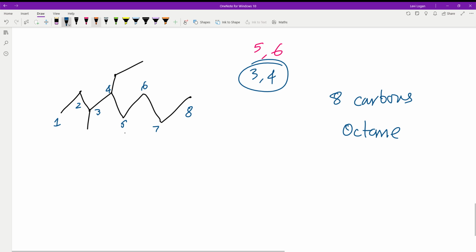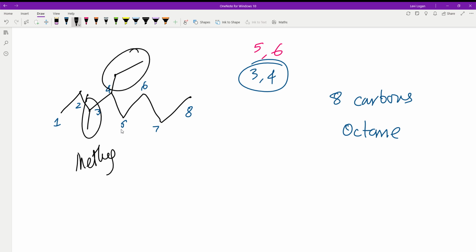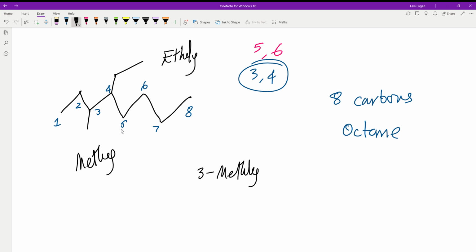Okay. Now we have 2 groups. We have a methyl group here. And we have an ethyl group because there's 2 carbons here. Okay. Now how do we prioritize what gets named first? Okay. Do you name it 3-methyl 4-ethyl octane?